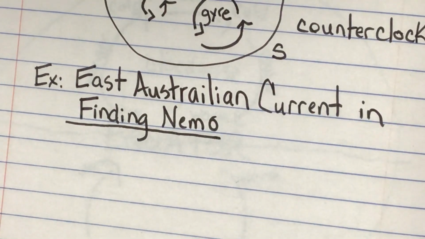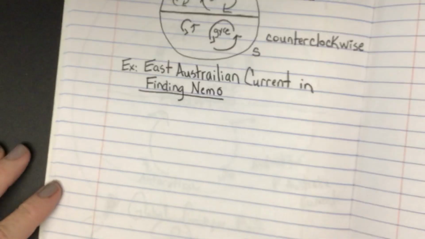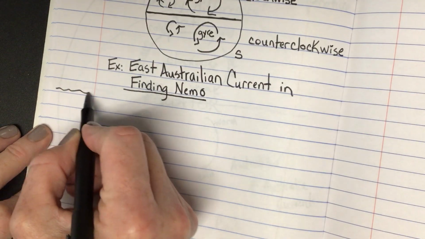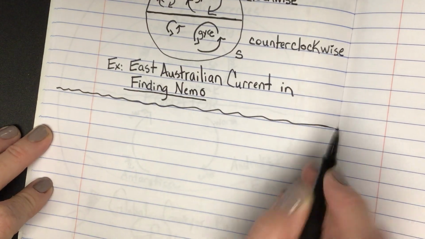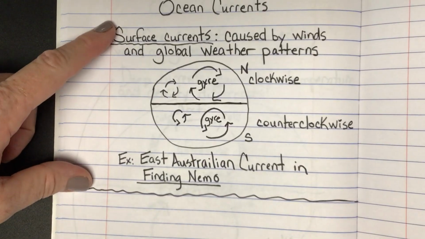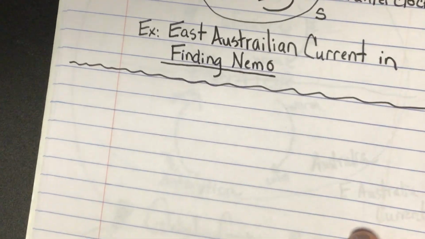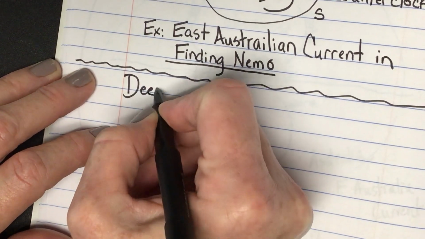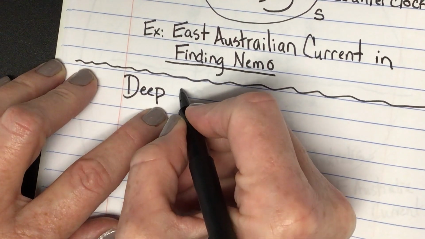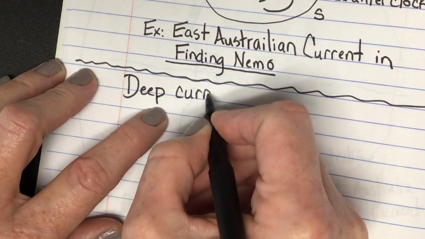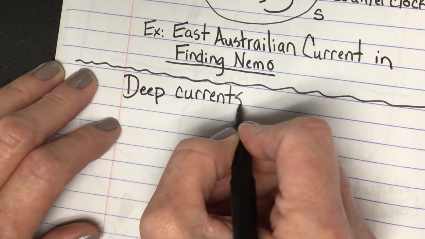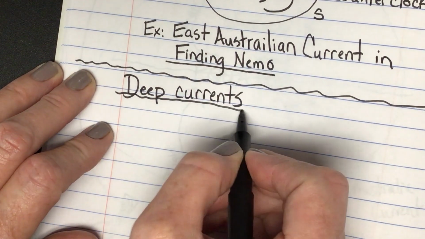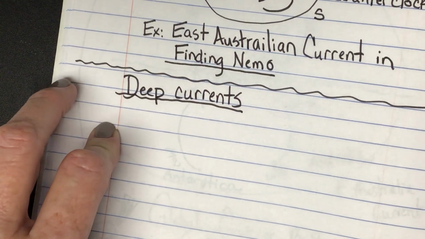Okay, what's the other type of current? Awesome. The other type of current, so I'm just going to divide the paper. We've got surface currents here, and this half we're going to put deep ocean currents. Do we have to write the word ocean? No, I don't think so. So we're going to talk about deep currents. Now these currents are driven by convection.